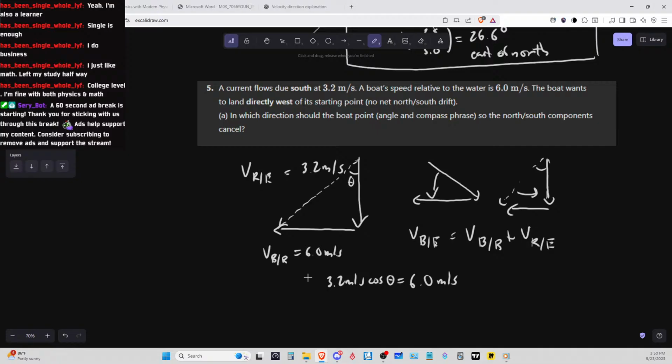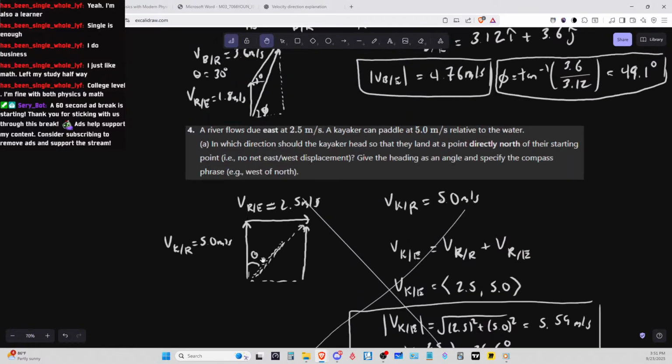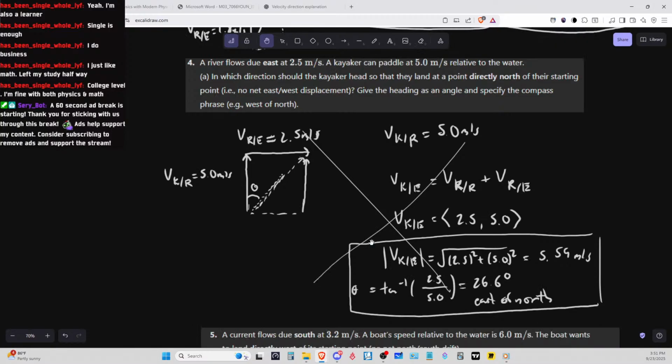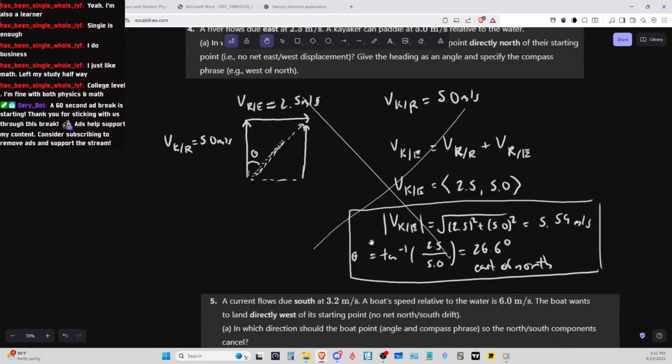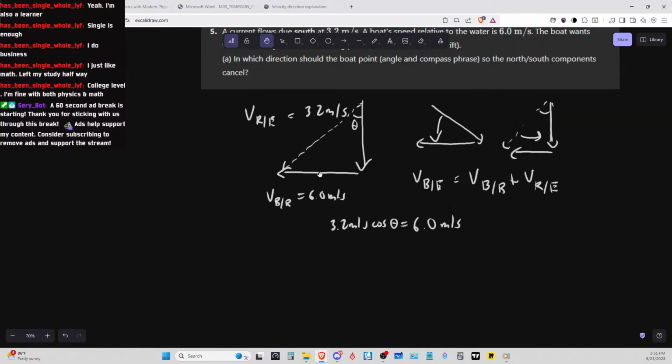Because I remember the last one, it was like sine of theta, and we tried to make this component go away. So in this case, we have to do the opposite here.